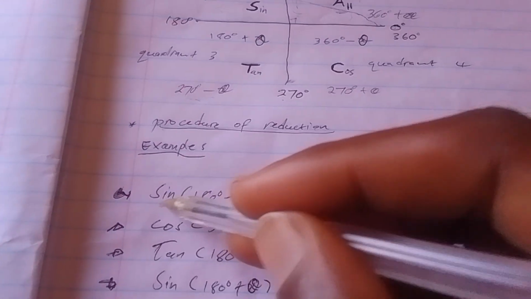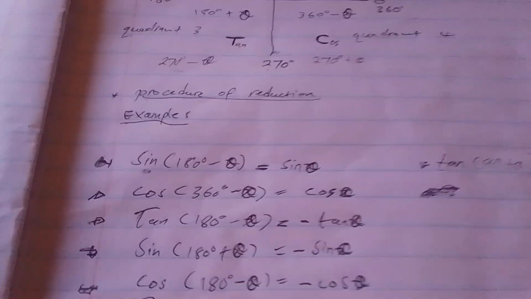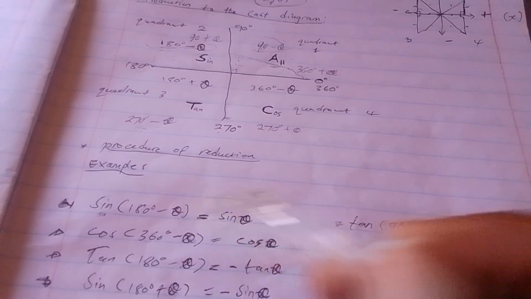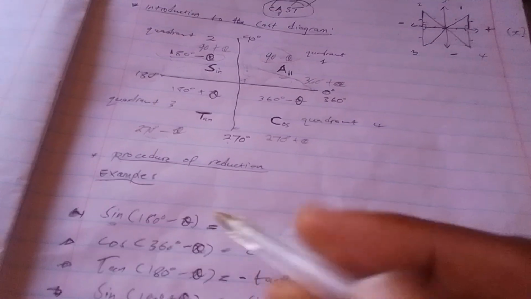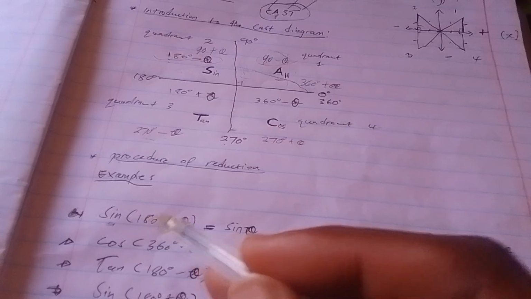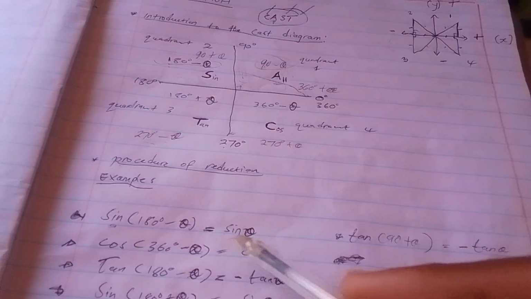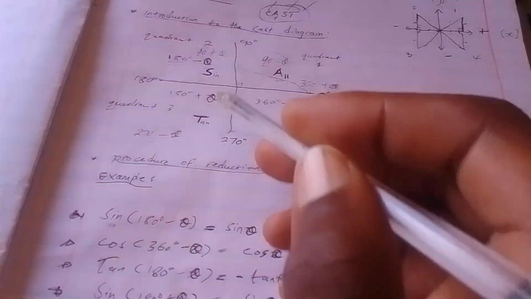So sine of 180 degrees minus theta is equal to sine theta. You only take the variable theta and leave out the 180 degrees. Your answer will be positive sine theta, because sine is in our second quadrant and it is positive.